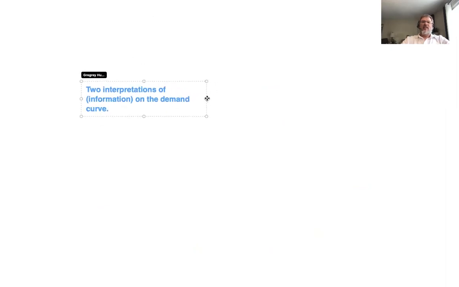Notice we're calling it a demand curve, even though it's a straight line. That's fine. Curve is just a general term for a locus of points in the Cartesian plane that represent a function, so it can be a straight line.